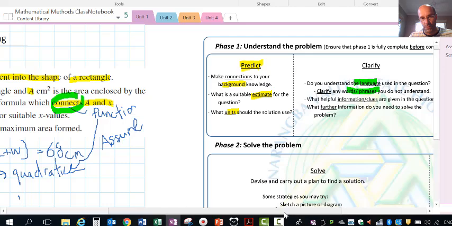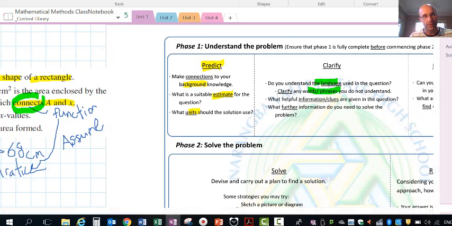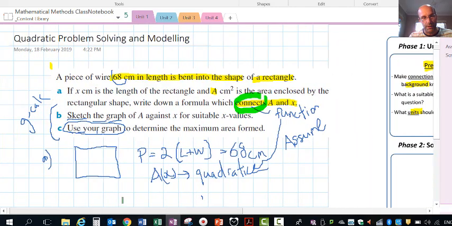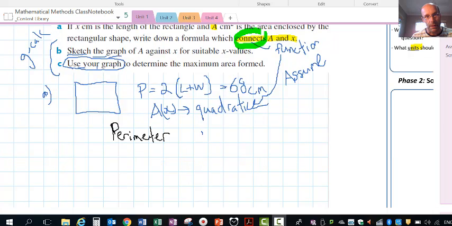What helpful information or clues are there in the question is the next bit. Alright, so well, we have a perimeter, and we know the formula for a perimeter, and we also know the value of that, so that's helpful.